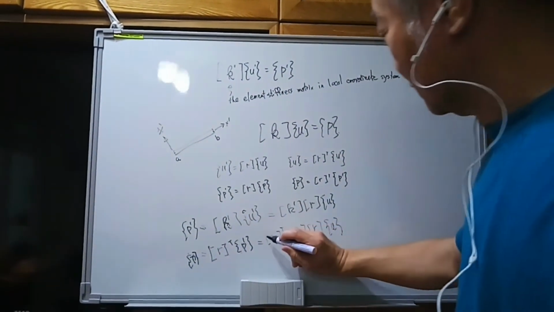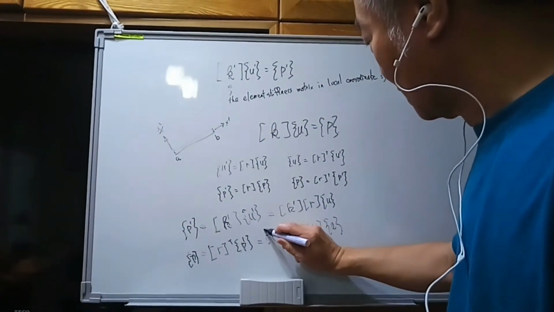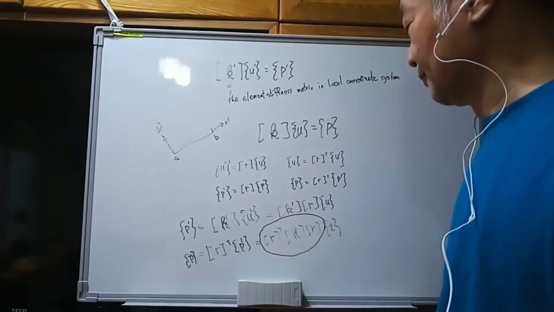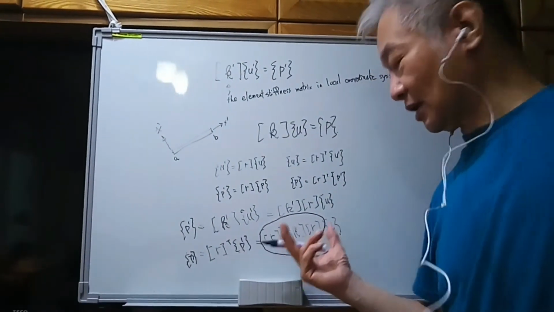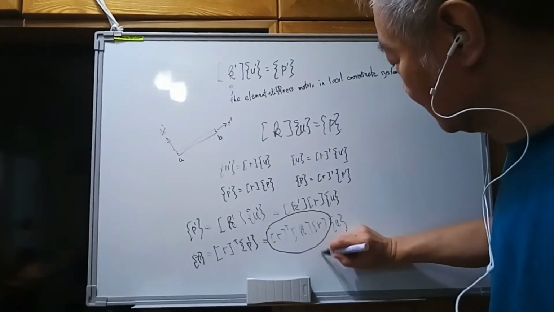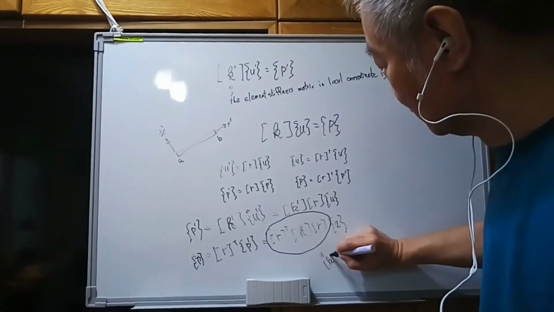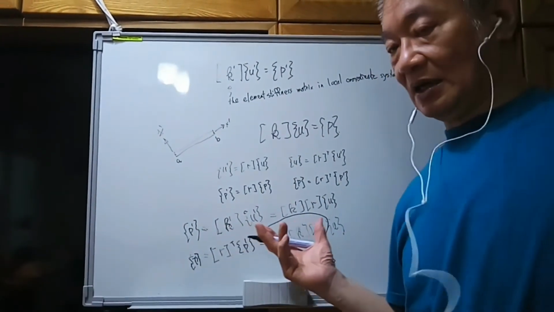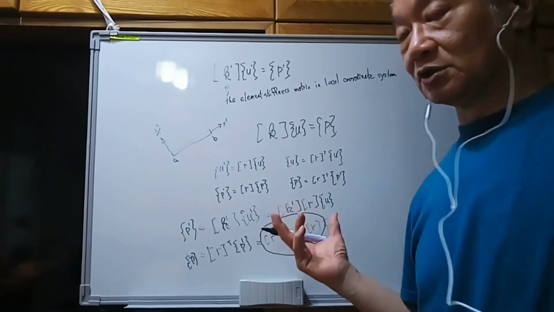Okay, and remember we need to calculate all these three. If we calculate these three, it will be the K. Okay, so that's the calculations we need to do.